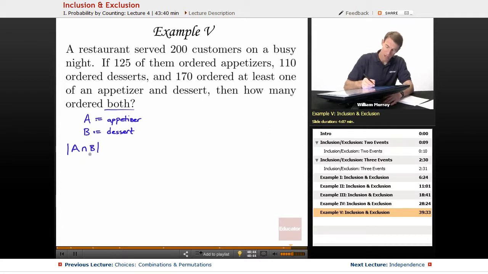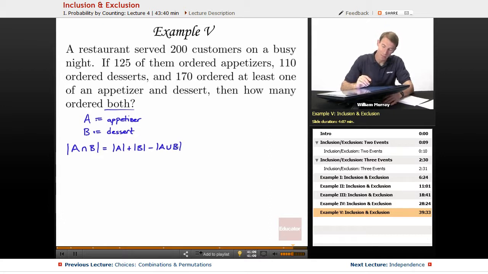Now, our original rule for inclusion exclusion on two events, if you go back and look at it, the very first slide in this lecture, we had the formula for A intersect B. The number of things in A intersect B is the number of things in A plus the number of things in B minus the number of things in the union. And we can calculate all of these directly from the problem stem.